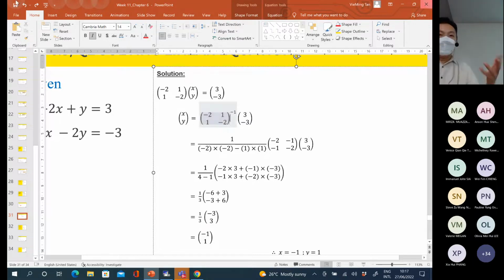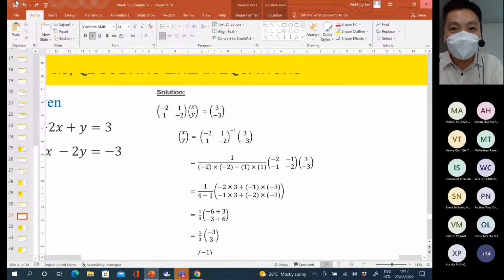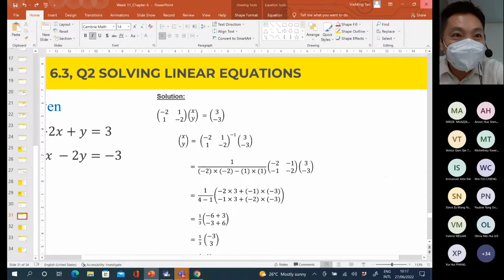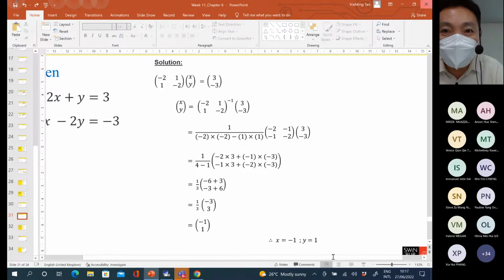Okay, seems to be the system hanging for a while. Okay, we continue. Seems to be I'm not able to change the color for this part, right?